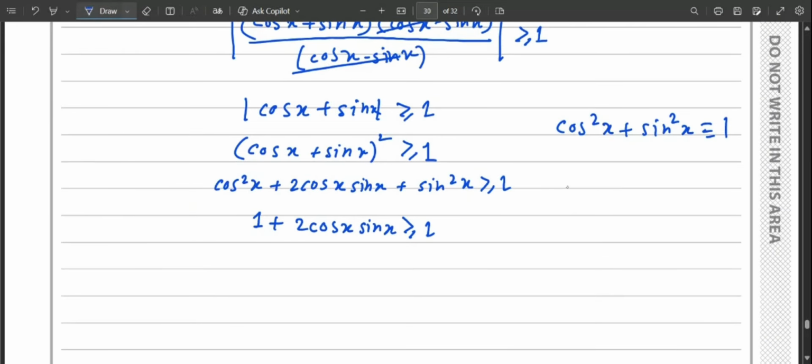We know from another identity that sine 2x is equal to 2 sin x cos x.